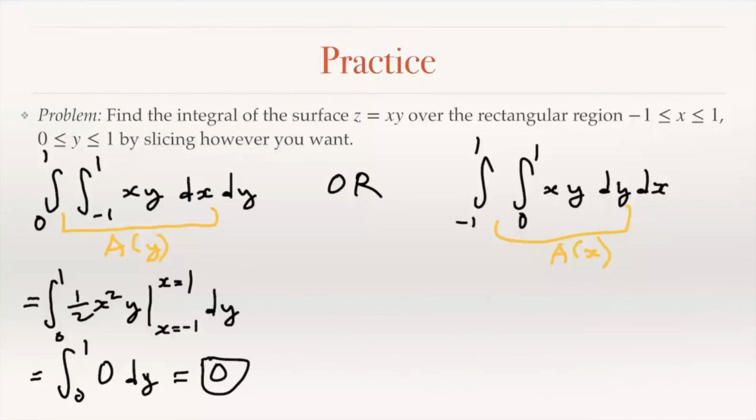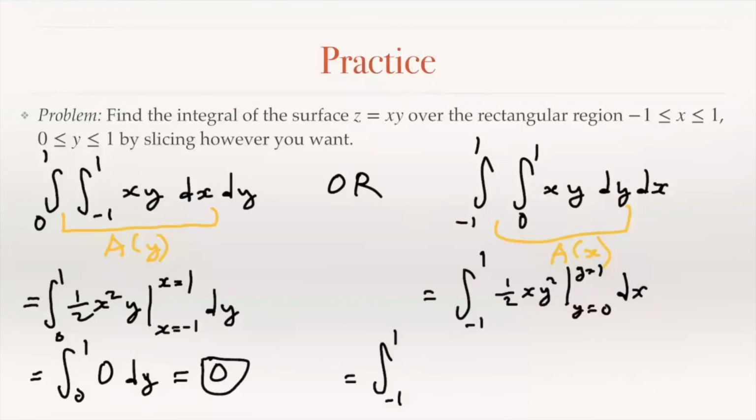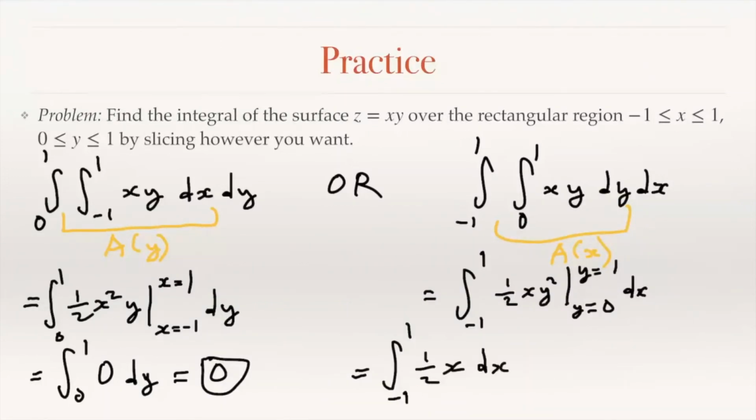And doing it the other way, we have 1/2 xy squared when we integrate dy from y equals 0 to 1. And that is 1/2 x evaluated between -1 and 1 dx. And that is also 0. Okay, good. They agree, as they should.